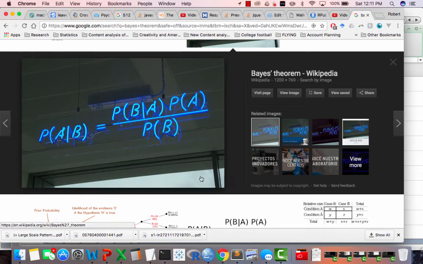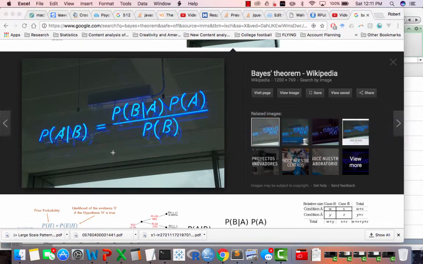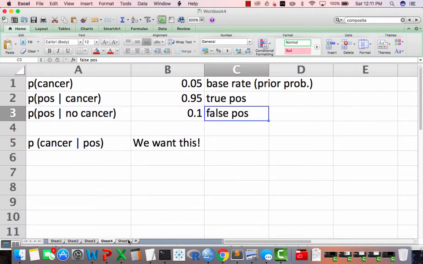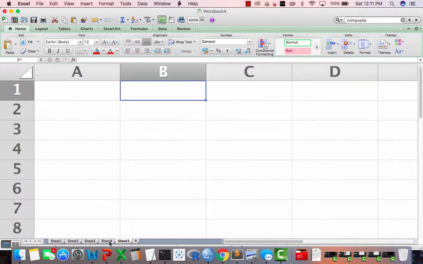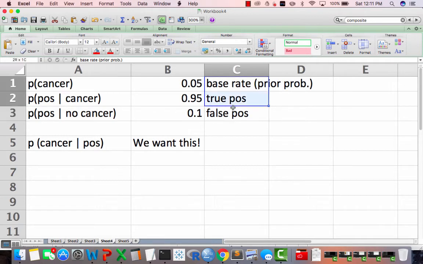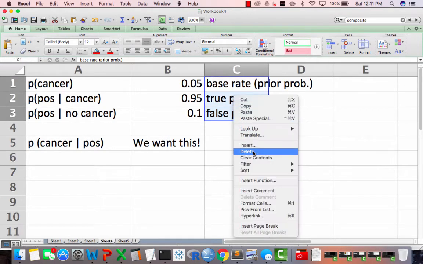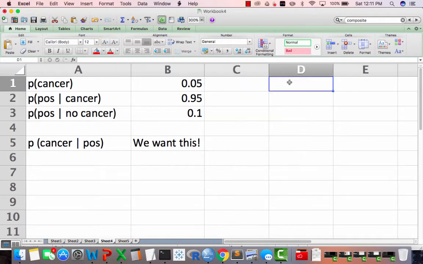So how do we actually compute the probability that Sally has cancer given that she got a positive result on the test? Let's go back over to our Excel sheet, and I'm going to try to make this a little bit interactive. Let's clear this out and pretend that there are 1,000 people in our population.